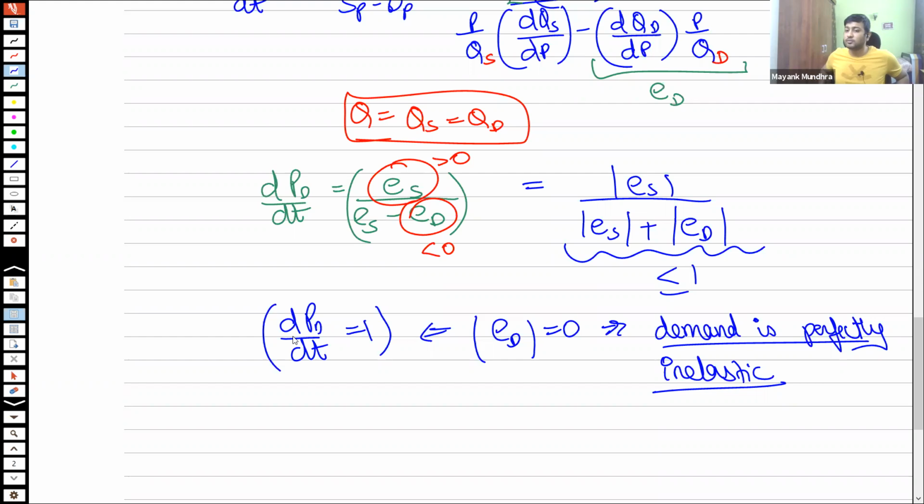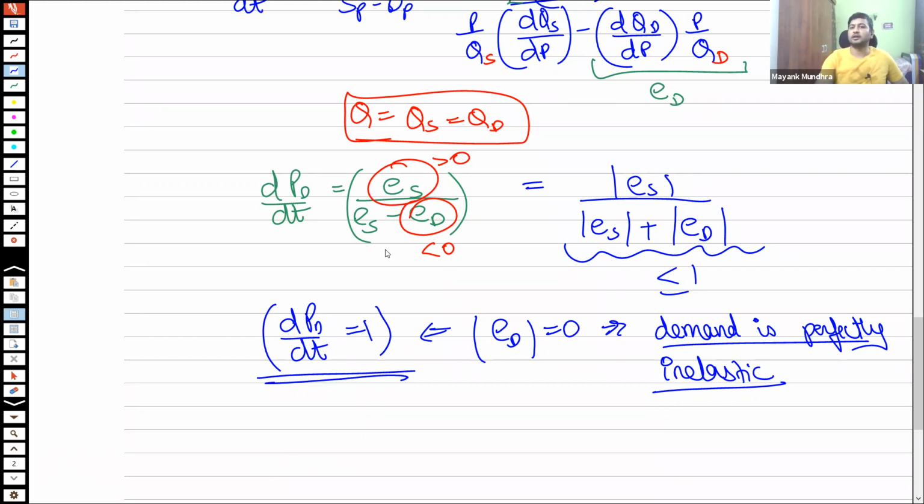The idea is that if you impose any taxes, since it's a completely inelastic demand, if you are suffering from COVID or any disease which can be terminal, you have to buy the medicine. There is no option there. So the entire burden of taxation will be passed on to the consumer. That's why when demand is perfectly inelastic, the consumers feel the pinch.